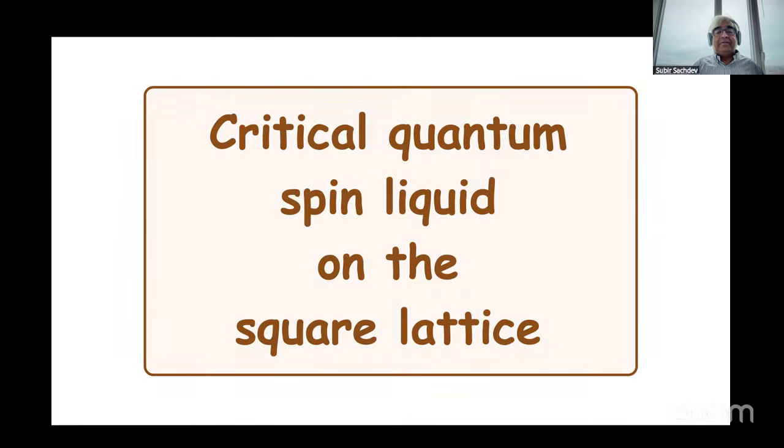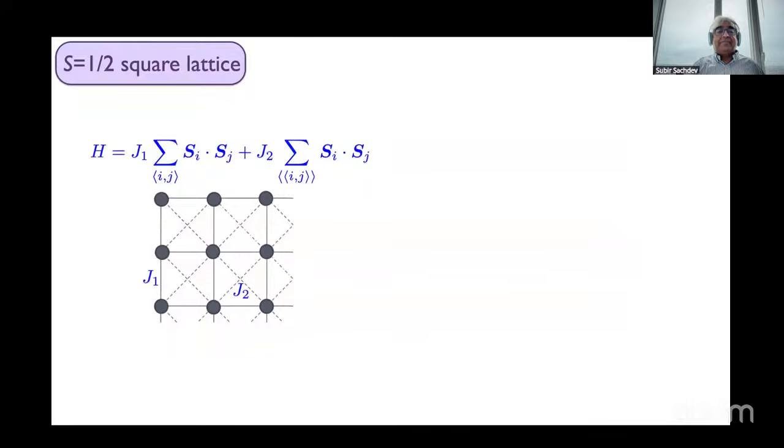So just to begin with, all of that work has been on insulators. And our more recent work is to take this modern understanding of insulating spin liquids and apply it to the pseudogap. But let's just first talk about insulators. If you want a specific model in mind, just take this very simple model, which many people have studied, but there are other models that have very similar properties.